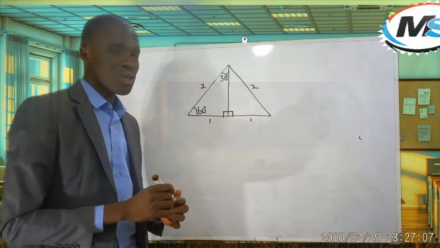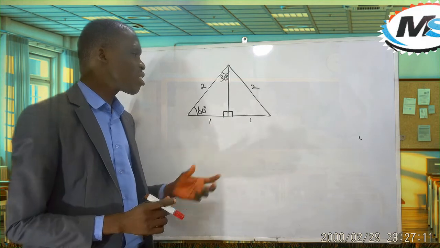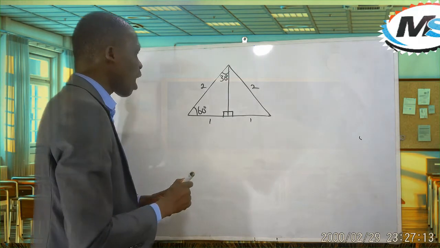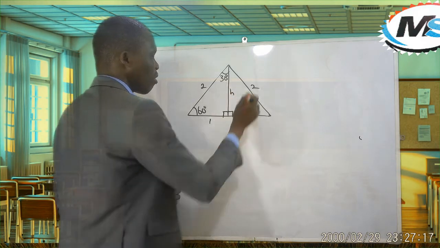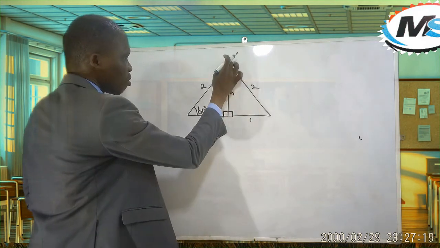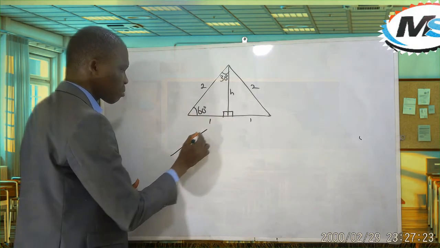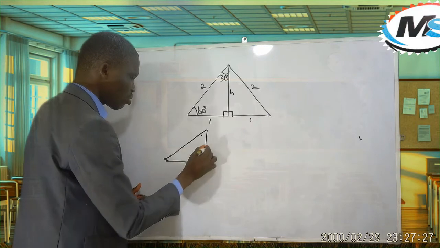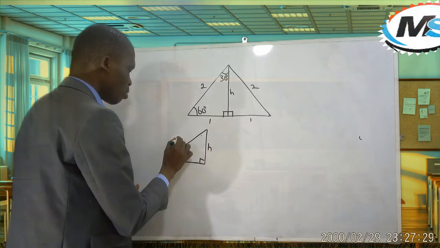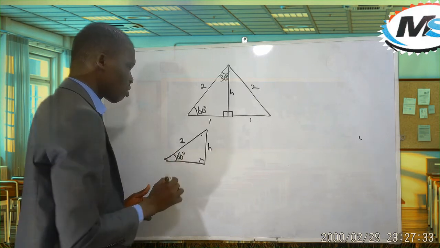What we are going to do here is split this into 2. Look at it, this is the height. If we split it into 2, bring this out, you are going to have this. This will be h, this will be 2, and this will be 60 degree.